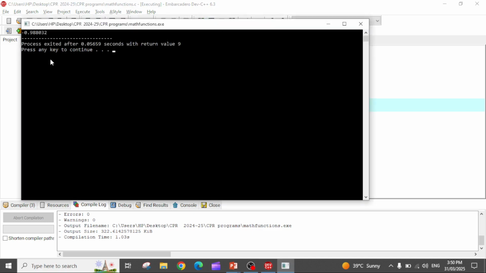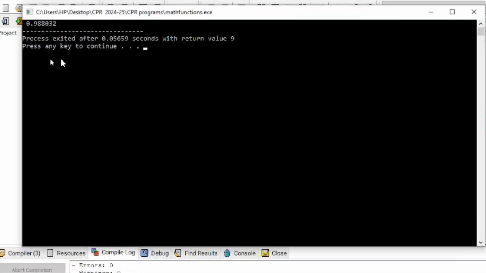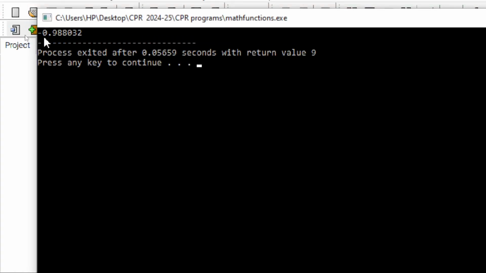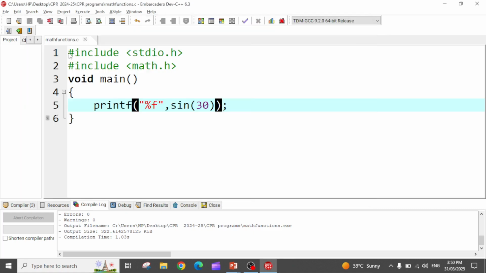But what answer am I going to get? I have received the answer as minus 0.988032. You may be wondering that actually sine 30 is 1 by 2, that is 0.5. But when the angle is in degree, you are going to get 0.5. Here the angle is in radian. That's why I have got the answer as minus 0.9.